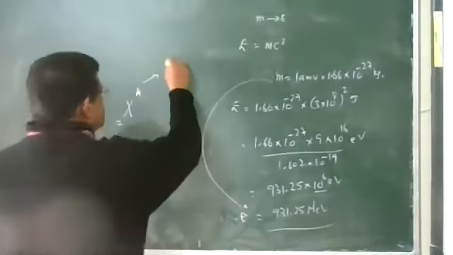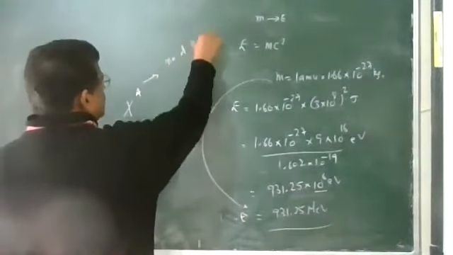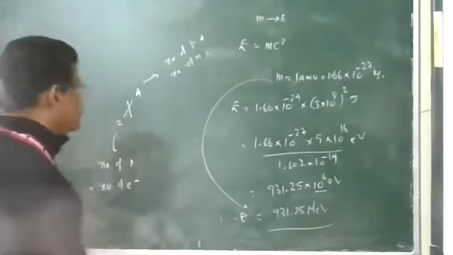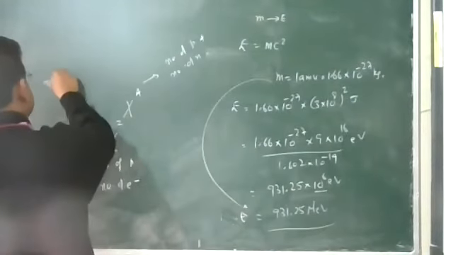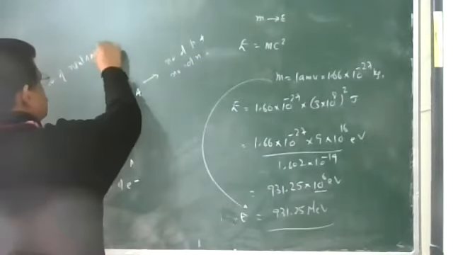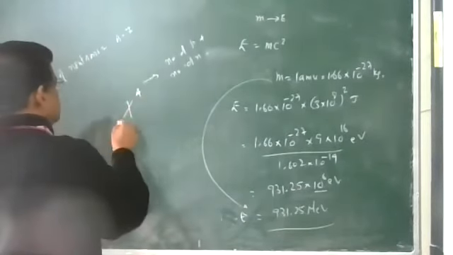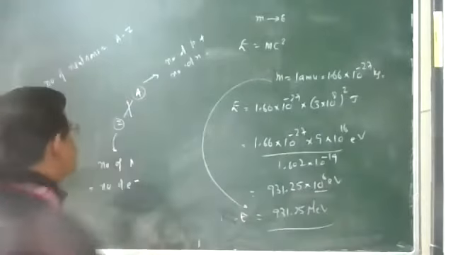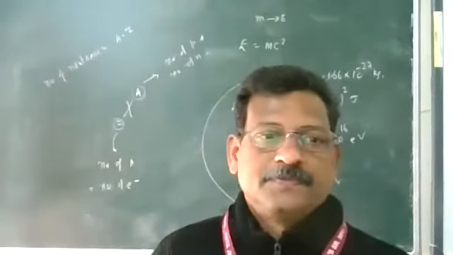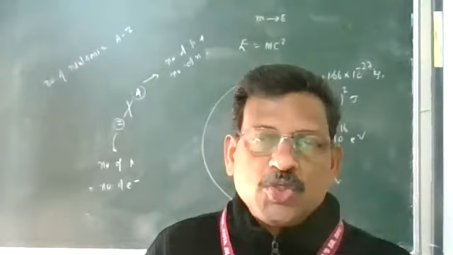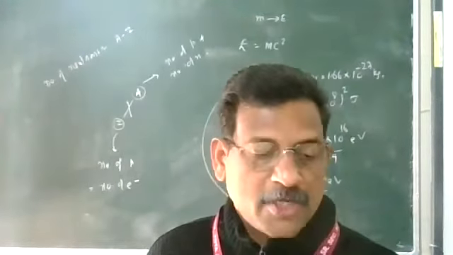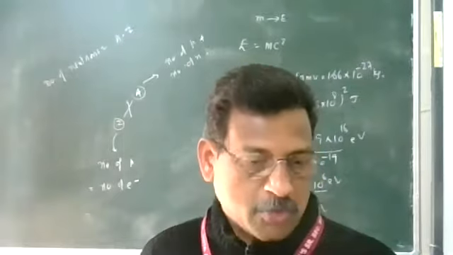A represents the number of protons plus the number of neutrons. So the number of neutrons in a particular nucleus is equal to A minus Z. Z is the atomic number and A is the mass number.